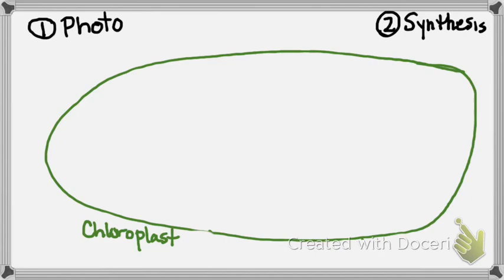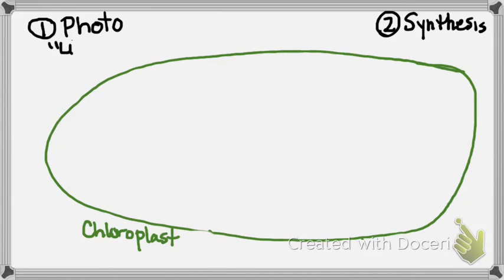But anyway. Okay, so photo we know means light. So that tells us that something about this first part in photosynthesis is going to be using light in some way. This part actually has a name.